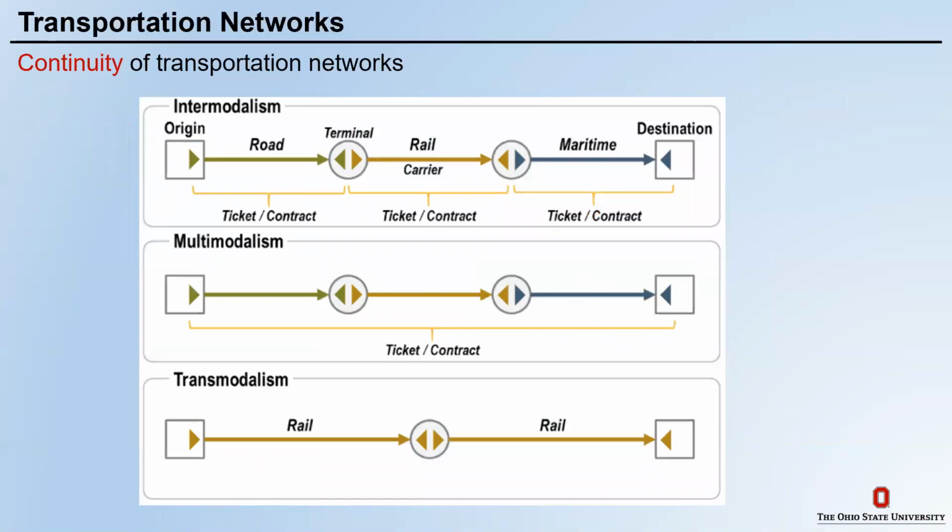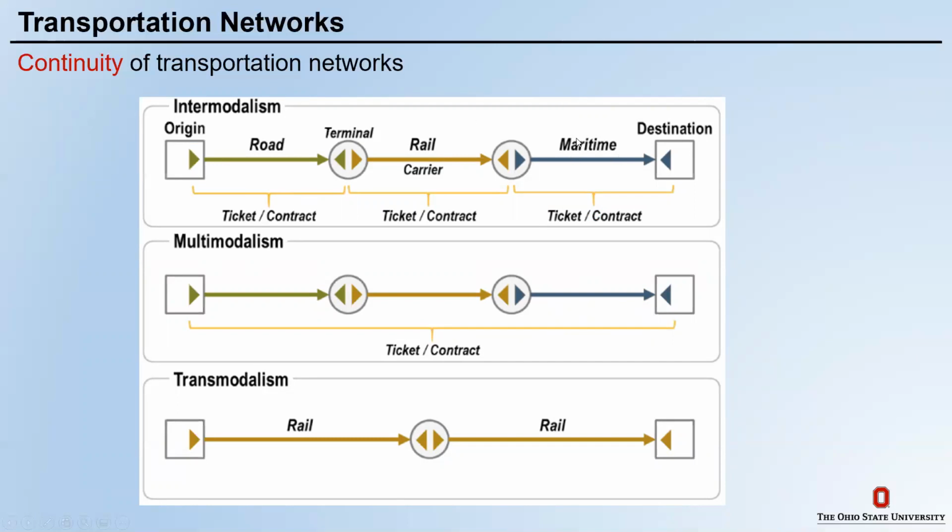So what is intermodal? What is transmodal? If the transportation network is following intermodalism, then there should be multiple modes found in this network. For example, we have road and rail. They both belong to the land transportation mode.